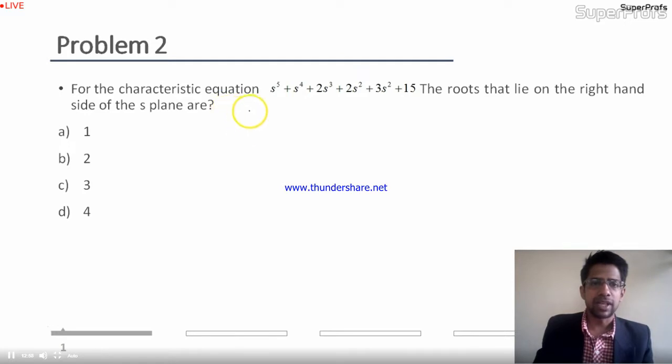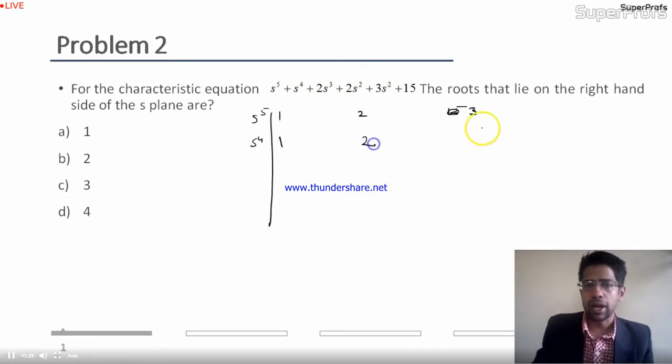So basically, when you have a Routh array, say here we have s raised to 5 and s raised to 4. So the coefficients, if you put in all the coefficients, you will get 1, 2 and 3 here, 1, 2 and 3, and the next alternates 1, 2 and 50.